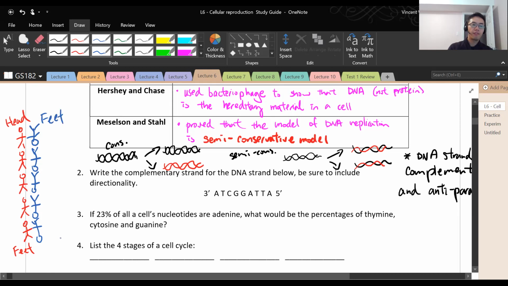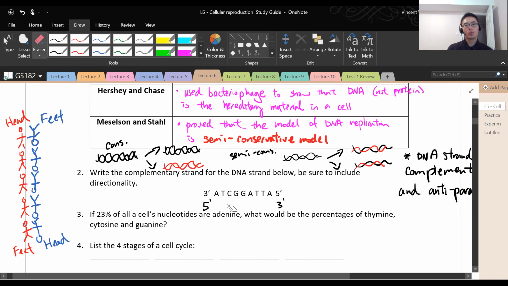And this side will be feet to head. So they're essentially the same organization, but one side is head to feet, the other side is feet to head. Now, molecules don't have head or feet, so instead we use numbers. 3' to 5' on one strand, and then because it's anti-parallel, the other strand is going to be 5' to 3'.